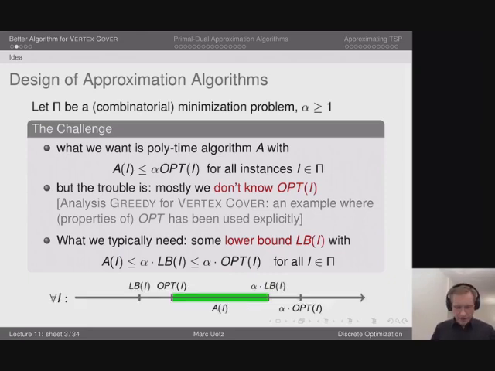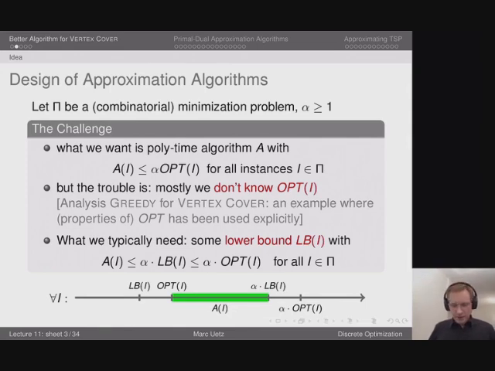So depicted here, the optimum solution value would be here. This would be the mysterious lower bound that we try to find and hopefully can compute. And we prove theoretically that our algorithm is not worse than alpha times this lower bound, which is of course not worse than alpha times the optimum solution, right? So that's the way to go.